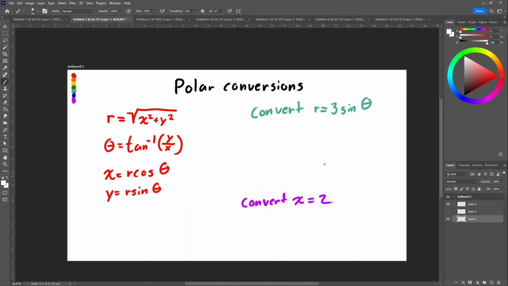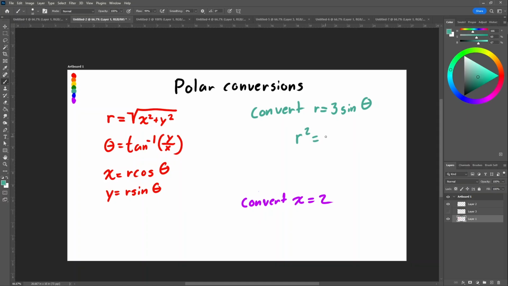So for our first problem, we're going to want to convert r is equal to 3 sine theta into rectangular form, which is Cartesian form, or just x and y. Our first step is to get rid of this r right here. Counterintuitively, our first step would actually be to multiply by r on both sides.